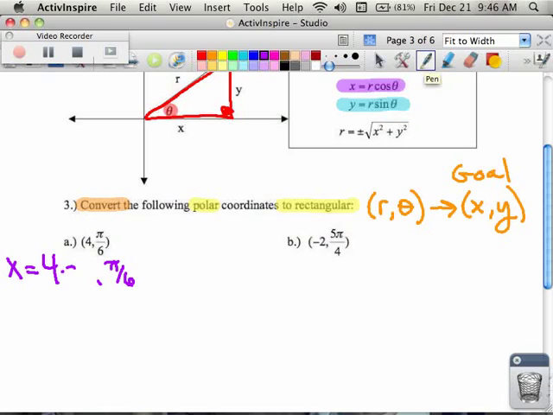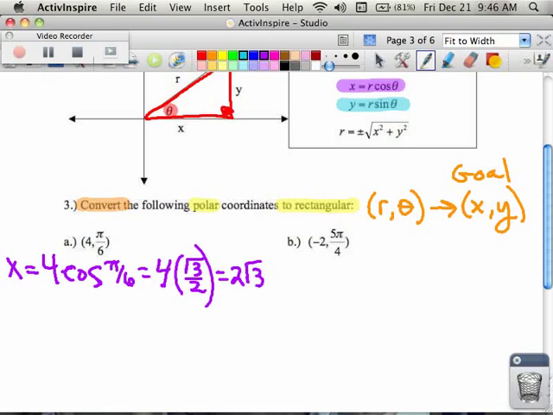You are indeed correct. It is cosine. So the cosine of pi over 6 is the square root of 3 over 2. So as I simplify this, I actually have 4 times the square root of 3 over 2 from my unit circle. Or in other words, 2 radical 3.